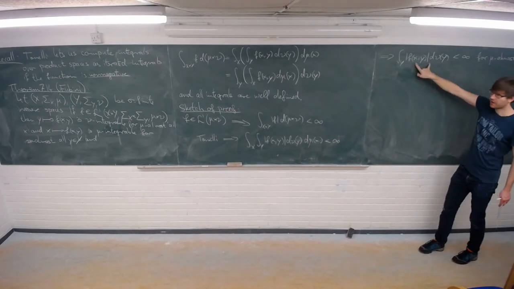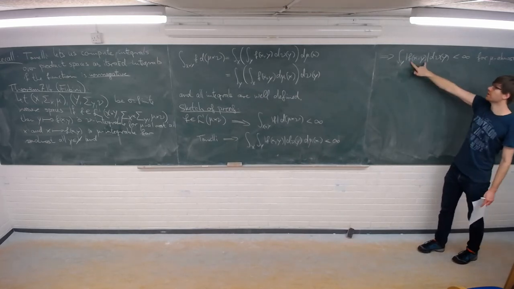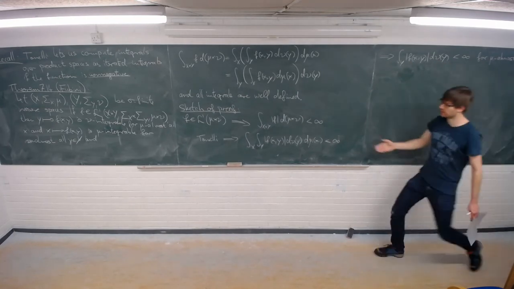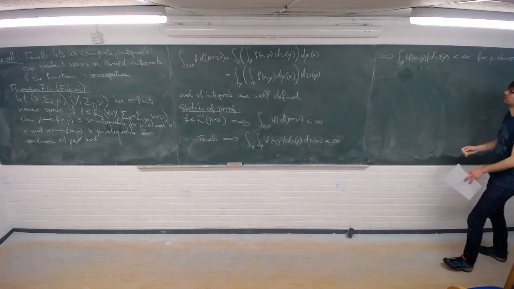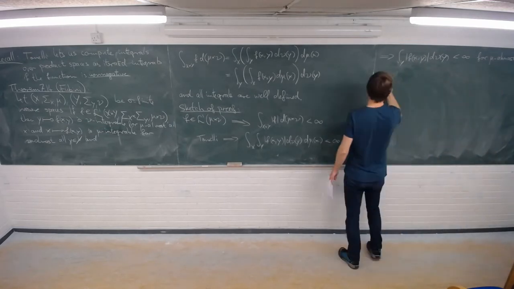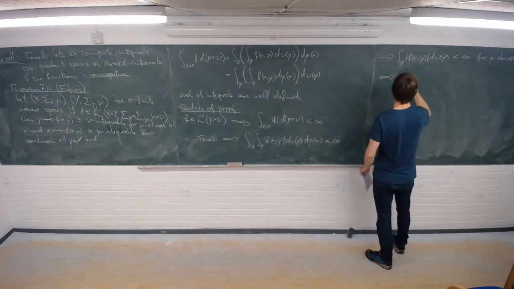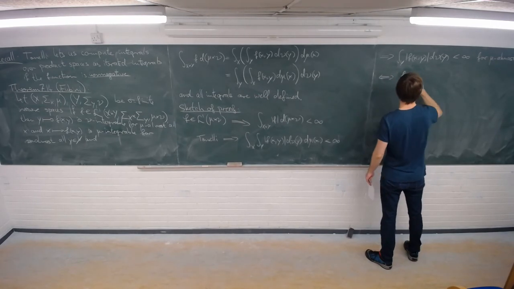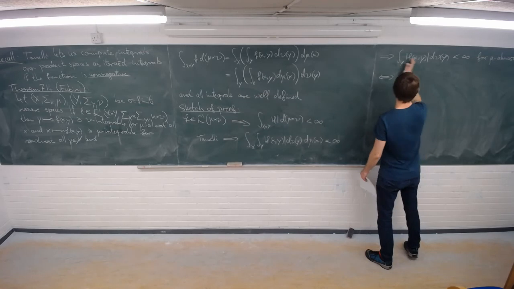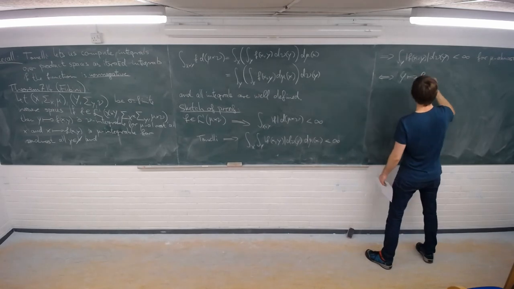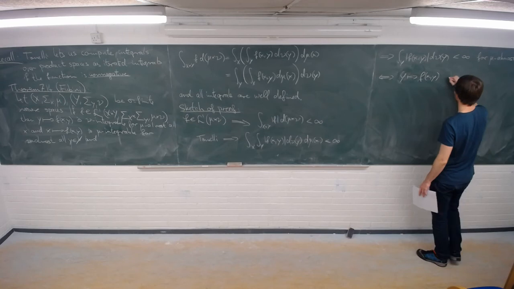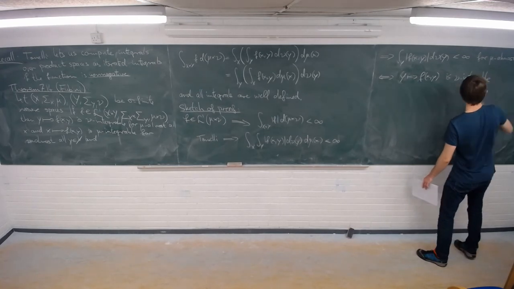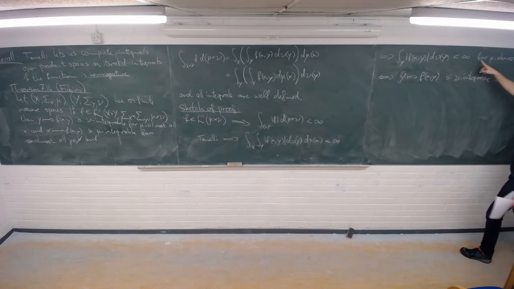This integral being finite is equivalent to f being integrable with respect to nu, right? Integrability just means the integral over the absolute value is finite. So this is equivalent to the function that sends y to f of x, y being nu integrable, again for mu almost all x.